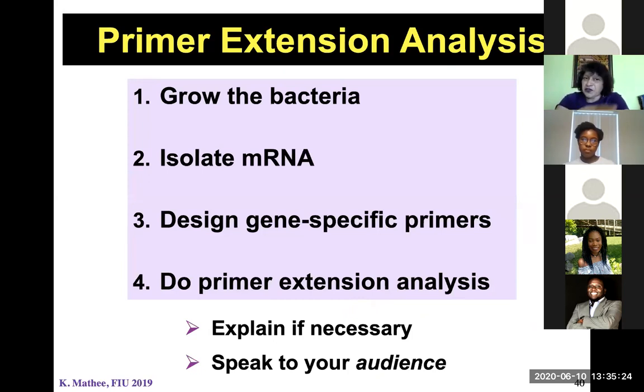But if you're talking to an audience that may not know what it is, you need a slide that explains the method, the rationale behind the method, okay? But here we just say we're going to grow the bacteria, isolate the mRNA, and design and so on. So explain only if necessary, right?